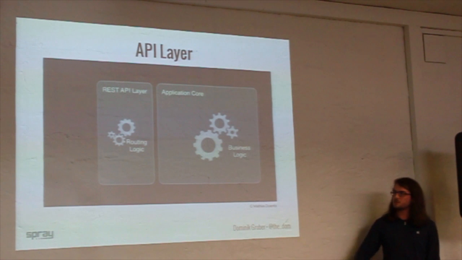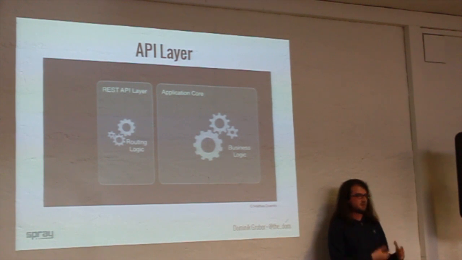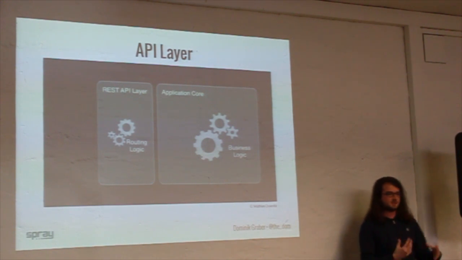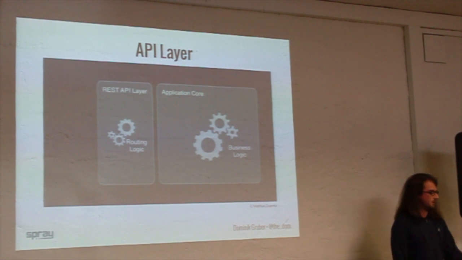The last graphics before I'll show you some code is this one. Again, Spray is not a framework, it's a set of libraries. So the way they describe it, it's an HTTP integration layer. It sits on the side of your current application, and it doesn't integrate with your application directly, and it shouldn't leak into your application.